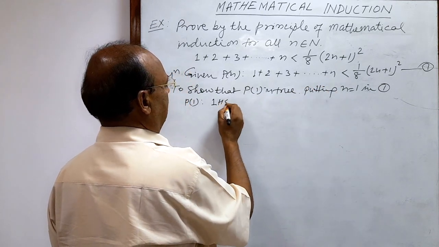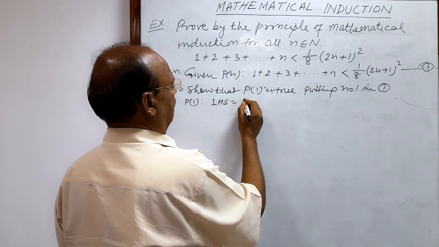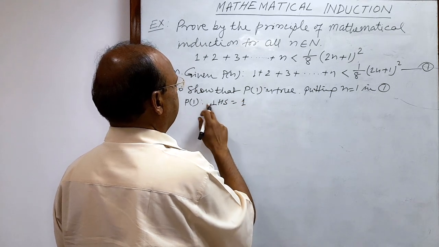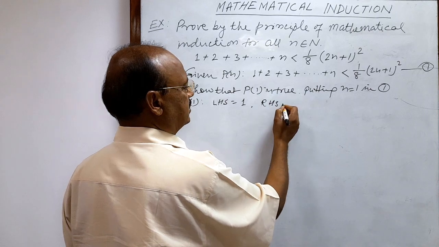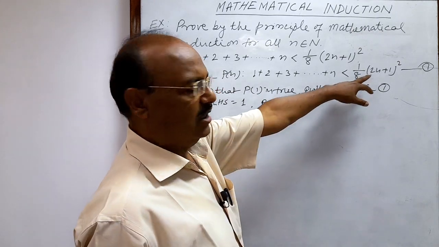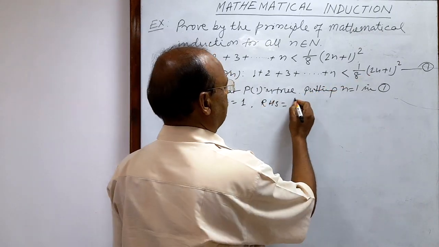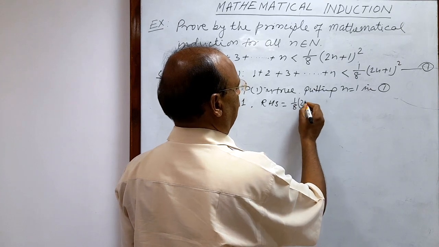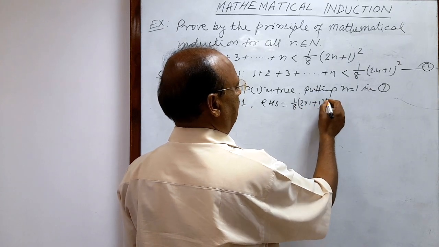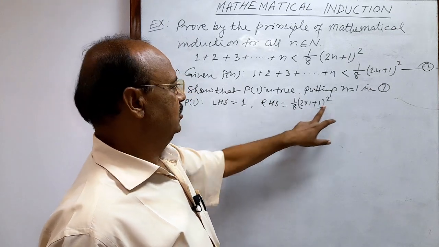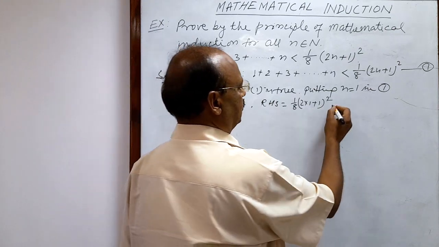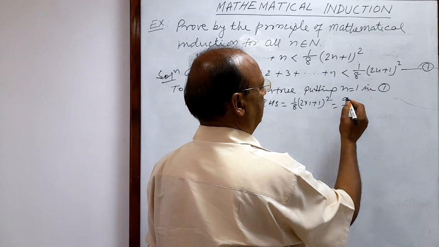So the left hand side is 1, and the right hand side is equal to how much? Putting n equal to 1 here, this is 1 by 8 into (2 into 1 plus 1) whole square. So this is 3, 3 square is 9. So this is 9 by 8. So RHS is 9 by 8.